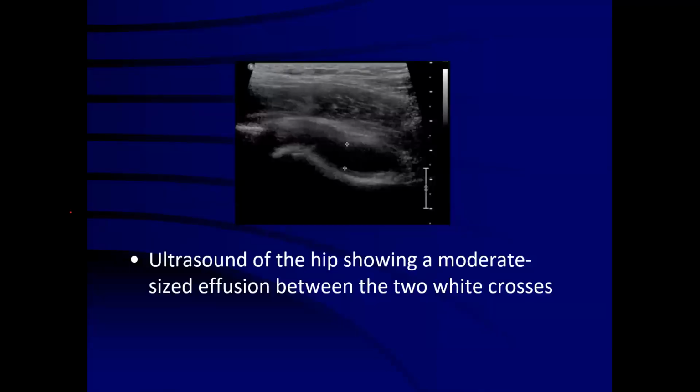If you look at an ultrasound of a hip in a child with transient synovitis, you can see that in between the two asterisks, the white crosses, there is a fluid collection.